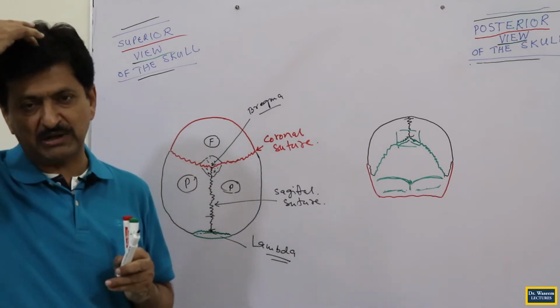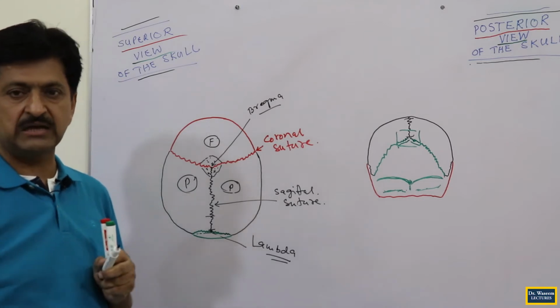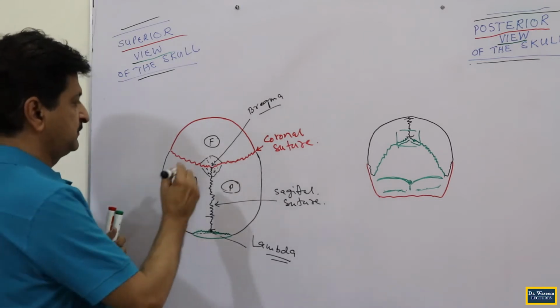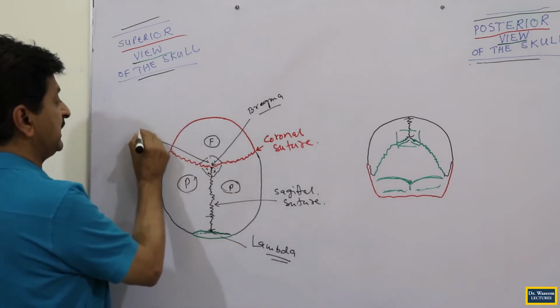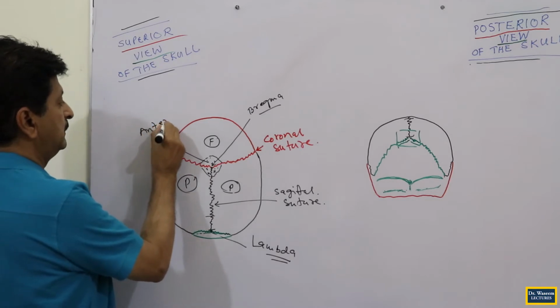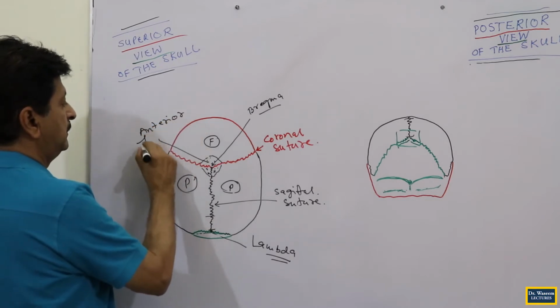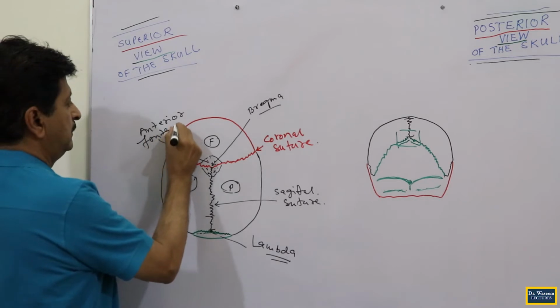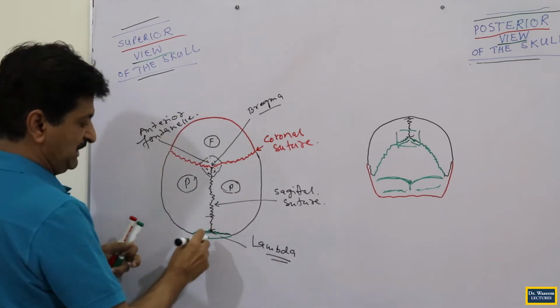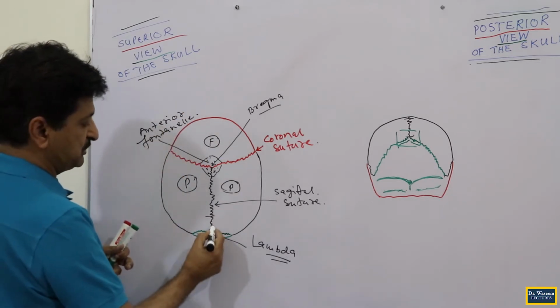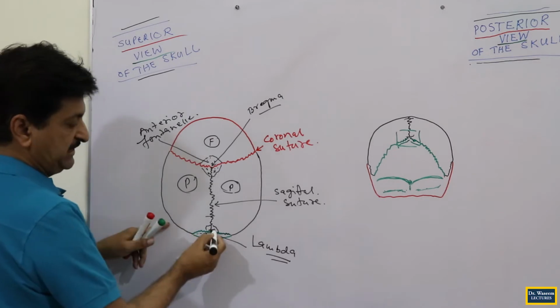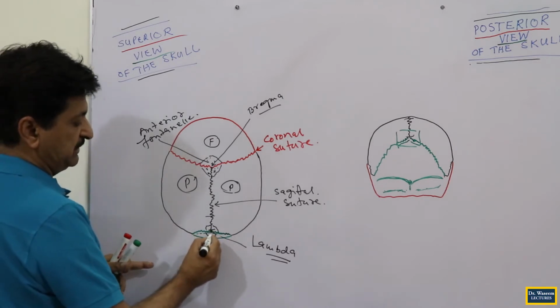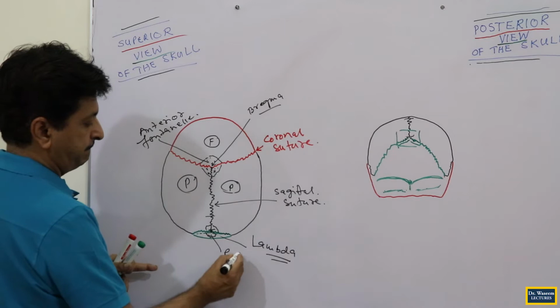Here there is a softness because it is still a membrane. Such membranes are called fontanelles. So this is called the anterior fontanelle. And similarly on the back side, this is the posterior fontanelle, between the two parietals and the adjacent part of the occipital.